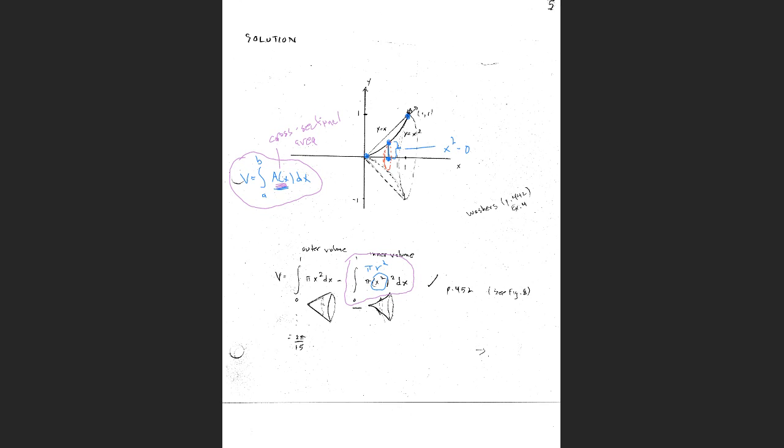The y value for the x-axis is just y equals 0, hence x squared minus 0. And so this gets you your inner volume. Does that help you feel comfortable, Clea? I guess. Okay.